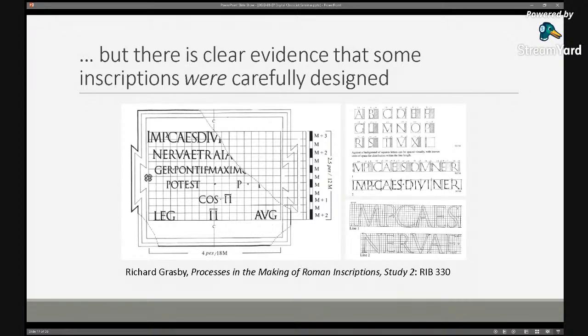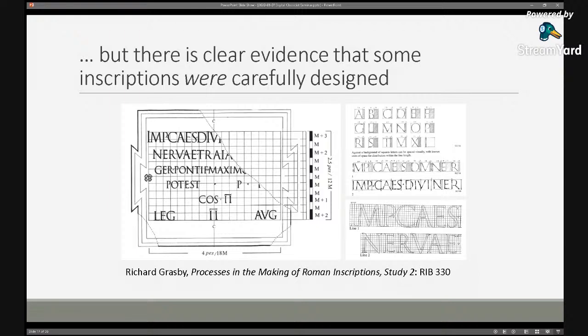You can see on the left here that he's basically created a grid over the top of the inscription.